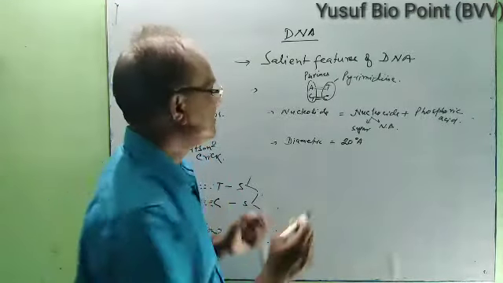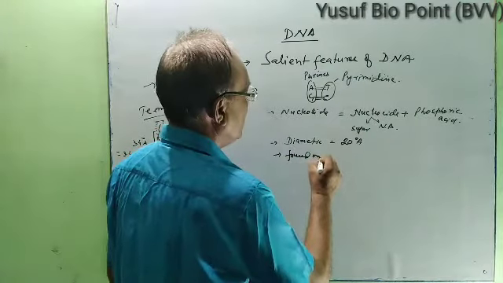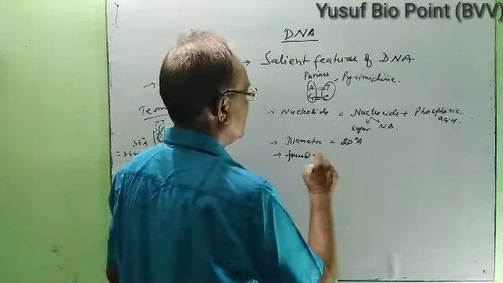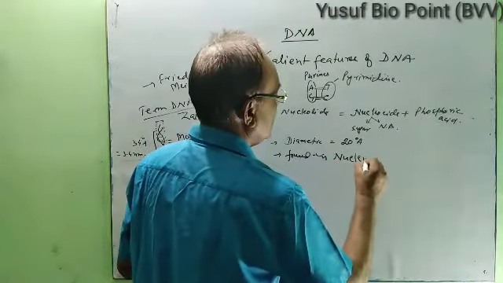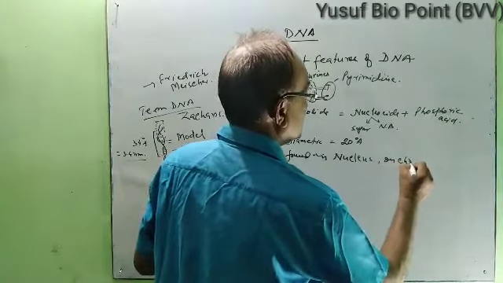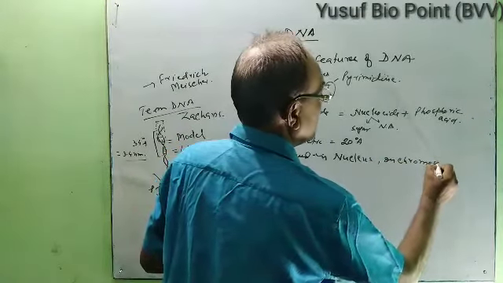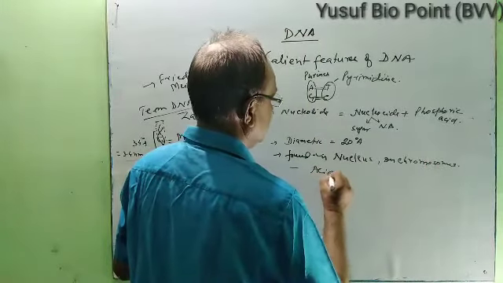Now you know that DNA is found in the nucleus on the chromosomes, and it is acidic in nature.